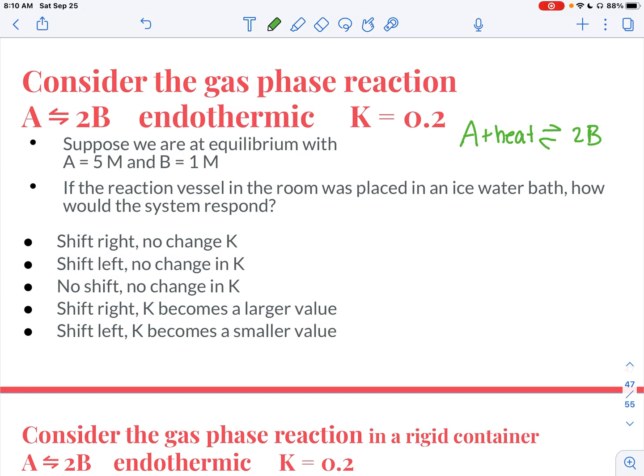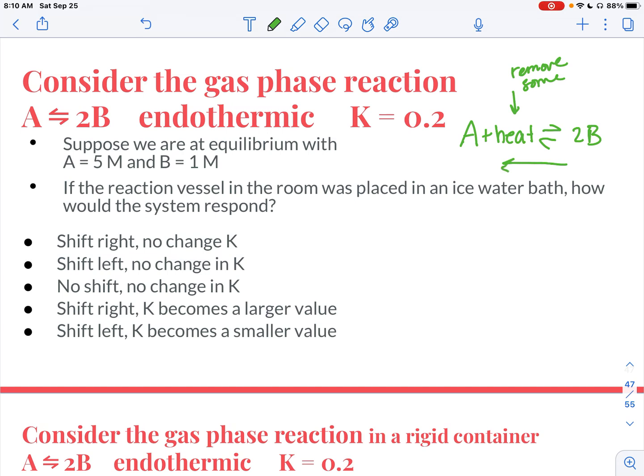So if the reaction was placed in an ice water bath, we remove heat, right? So if we remove some of this, we know that if we remove a reactant, the system is going to shift to make more of that reactant.